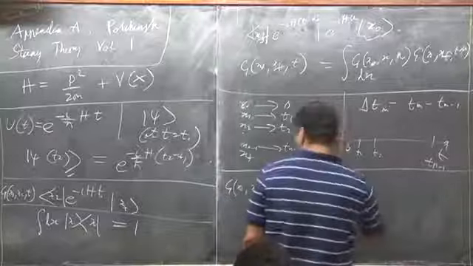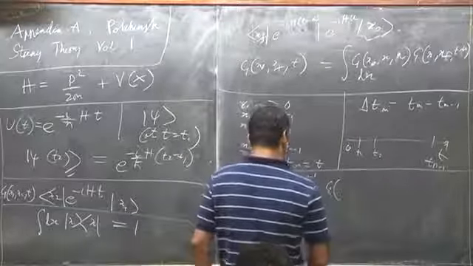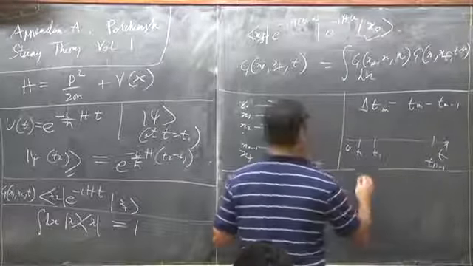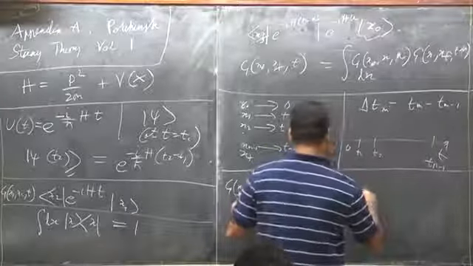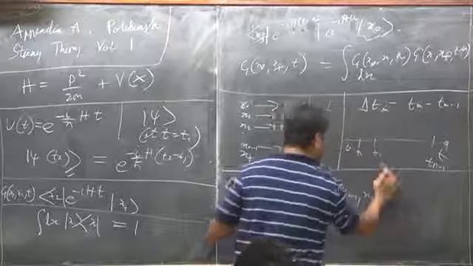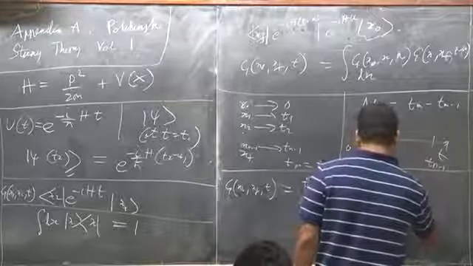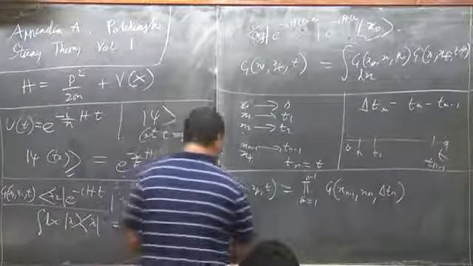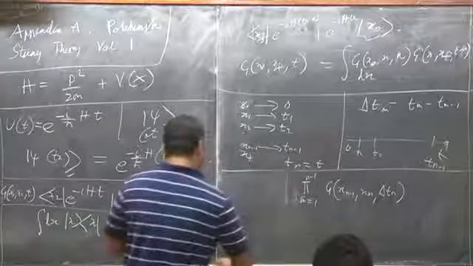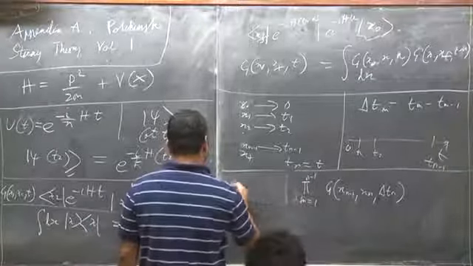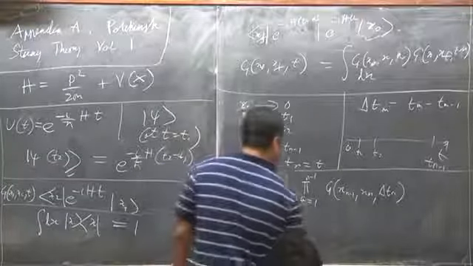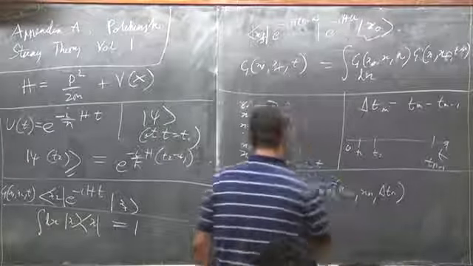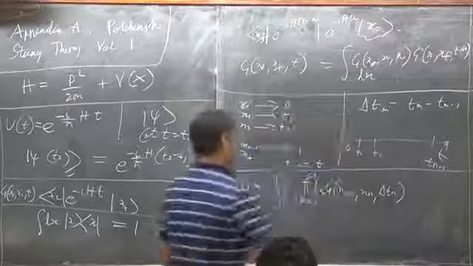G of x n minus 1 to x n in time t n minus delta, and then G of x initial to x final, with the integral over dx n.